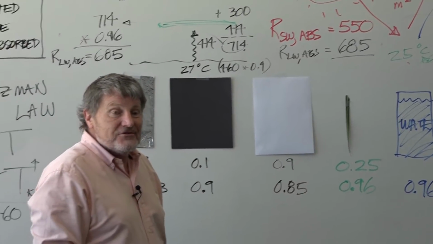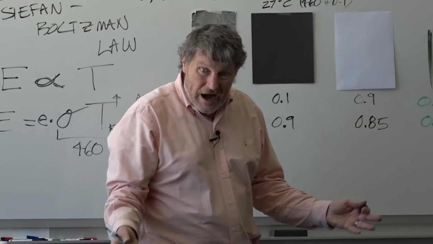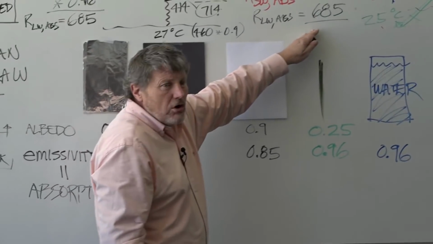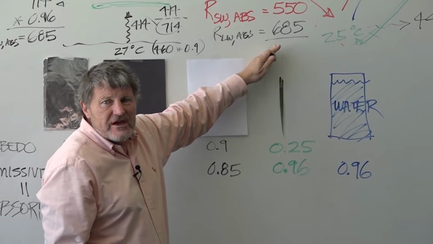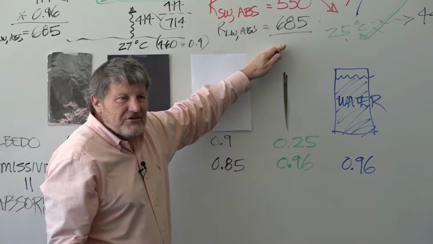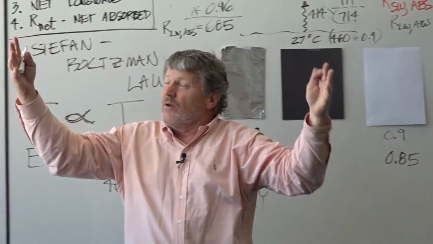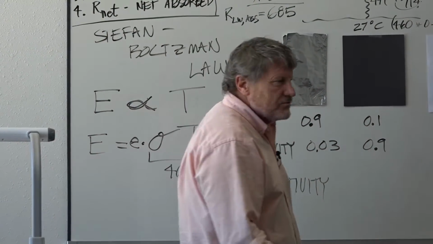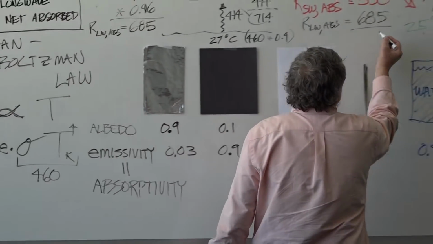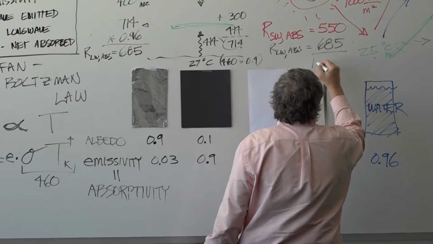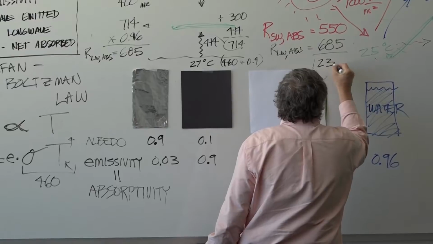So the staggering message is, wow, there is more long wave absorbed by that leaf than short wave. The sun is hot, you go outside and you think, wow, this is it, how can this be? This is hot. Now what's the sum? 1235.